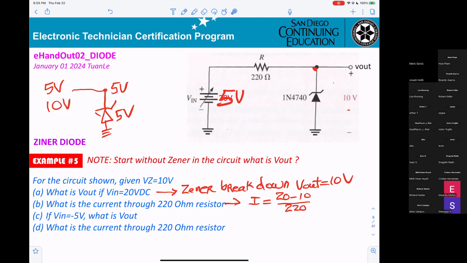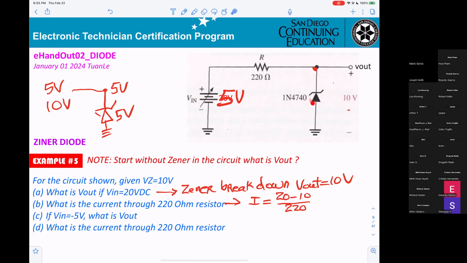Okay, what I'm saying is, when you're working with the diode, you have to know the voltage on this side and on this side. Suppose no diode here.